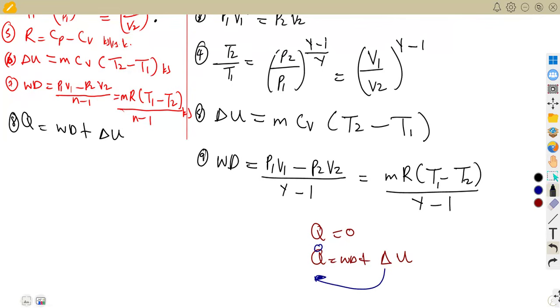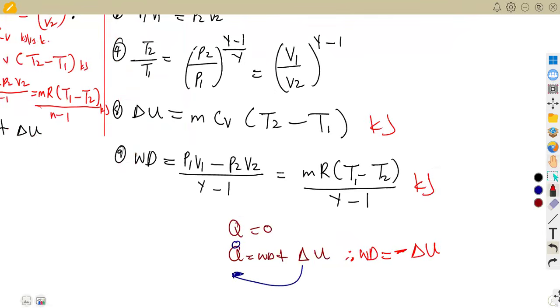That means, therefore, the work done is simply negative the change in internal energy. All right, these units are in kilojoules. Or we are simply saying the change in internal energy is equal to the negative of the work done. It's just one and the same thing. Once I have one, I can find the other by multiplying by a negative. That's what I'm simply saying.